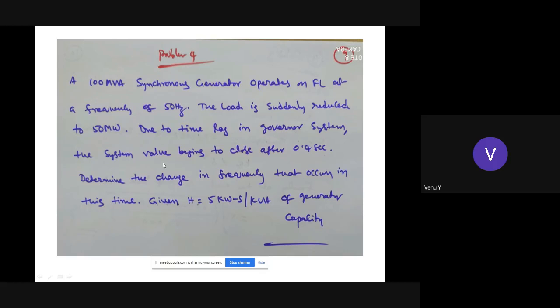Due to time lag in the governor system, the steam valve begins to close after 0.4 seconds. It is similar to the first problem, but the numericals have been changed. Determine the change in frequency that occurs in this time.